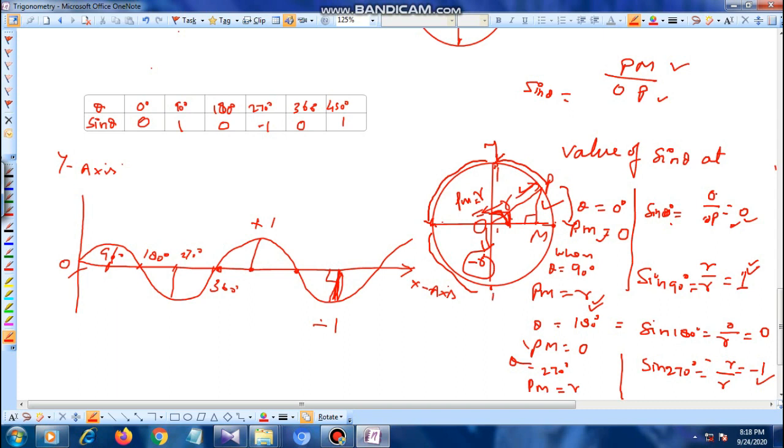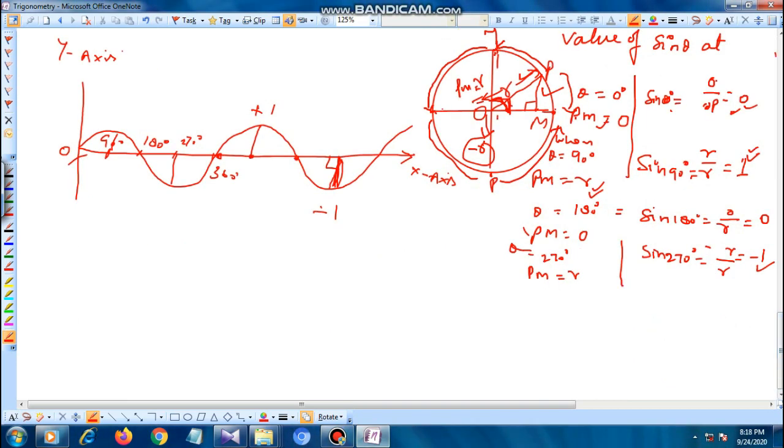When point P again moves towards the x-axis and reaches the x-axis, when theta equals 360 degree, PM will become 0 again. So sin 360 degree equals 0 upon R, because the hypotenuse is R, radii of the same circle are the same, so this is 0. So sin 360 is 0.